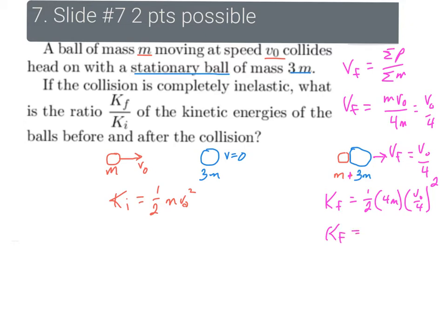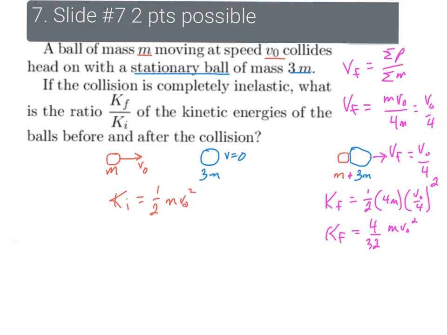So if we clean that up, let's see, that would be 4 squared on bottom gives us 16. Now our denominator of 2 from the 1/2, that's 2 times 16, which would give us 32. And then that would be m v0 squared.